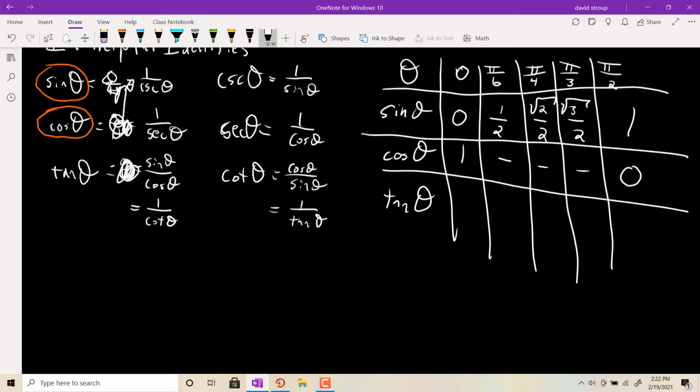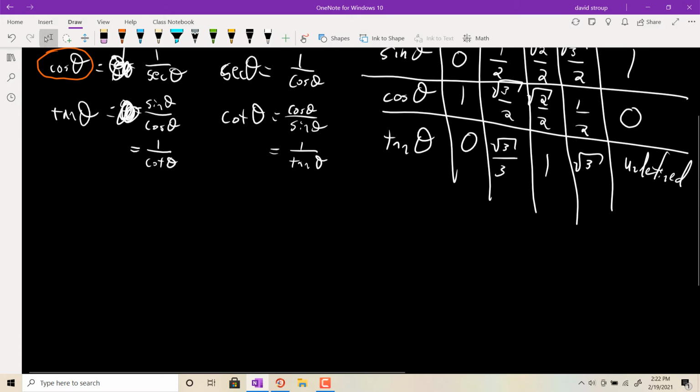Then cosine is just in the reversed order, so it's 3, 2, 1, then 2, 2, 2, square roots across the top. Square root of 1 is 1. And then tangent is just the ratio of those. So root 3 over 3, 1, root 3, and then undefined. So I expect you to have that memorized. Hopefully you already have that.